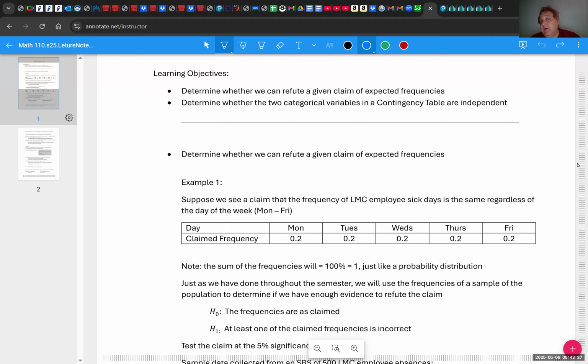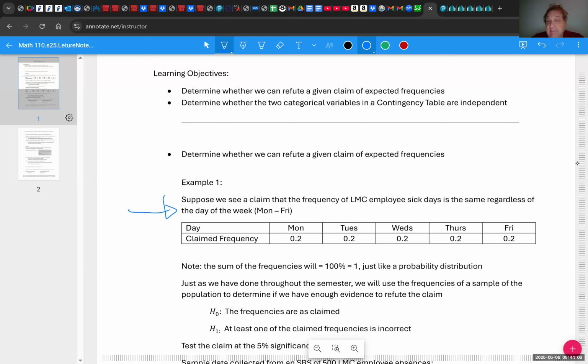So the example I have here is that we have a claim that the frequency of LMC employee sick days is the same regardless of the day of the week. So Monday, Tuesday, Wednesday, Thursday, Friday, 5 days of the week. And the claim is that the frequency of sick days is the same for each of those 5 days. 100% divided by 5 is 20%.